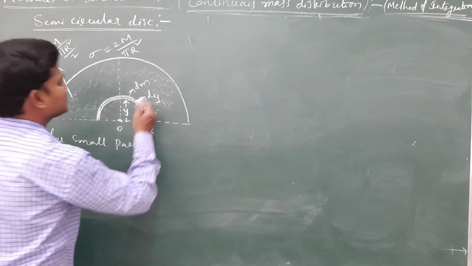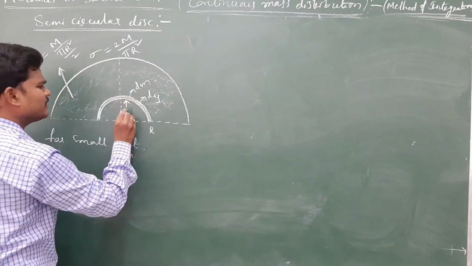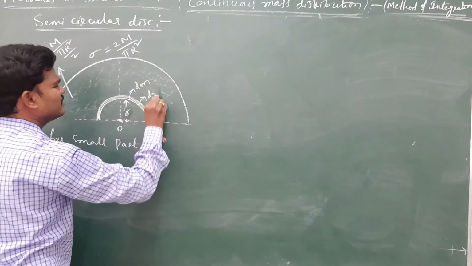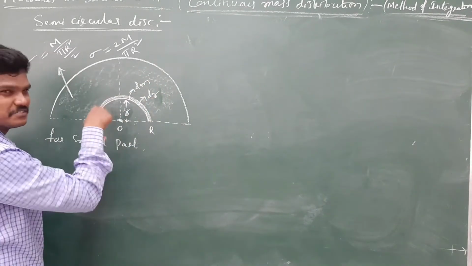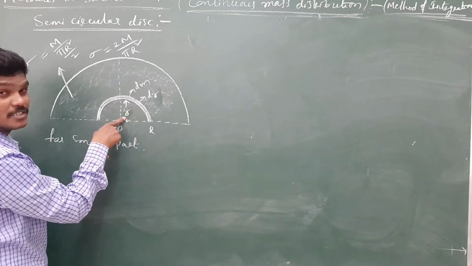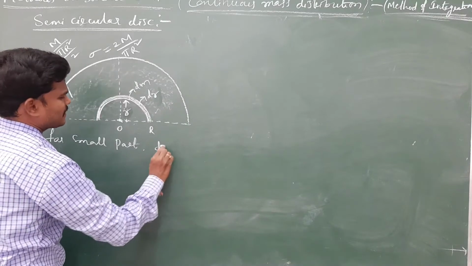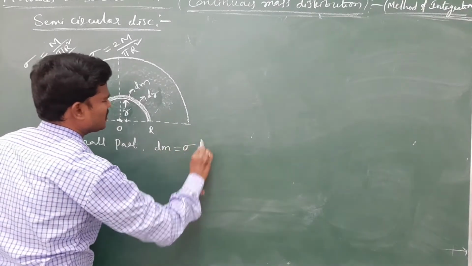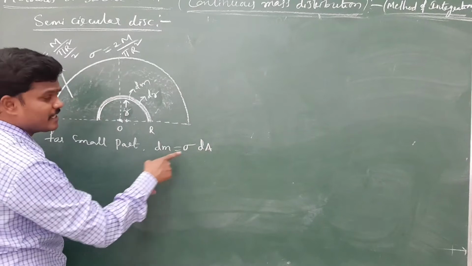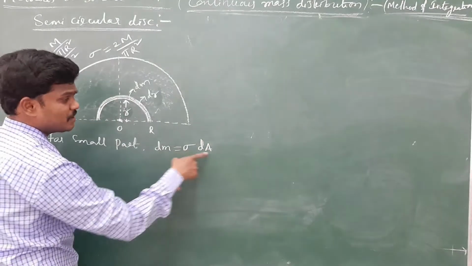Let me take this as r for an easy way, so dr, because small r is the radius of this part. For the small part, let me write dm is equal to sigma into d area, because sigma is equal to mass by area.